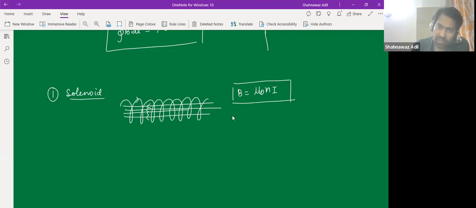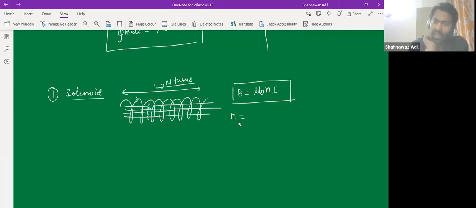This n is what, guys? Do you guys remember what is this n in here? Let's say in the total length L you have N turns.